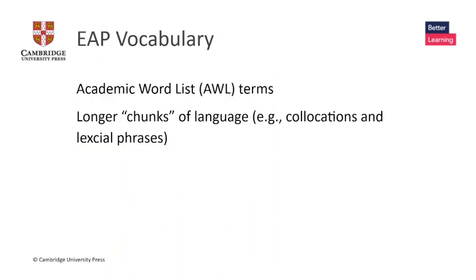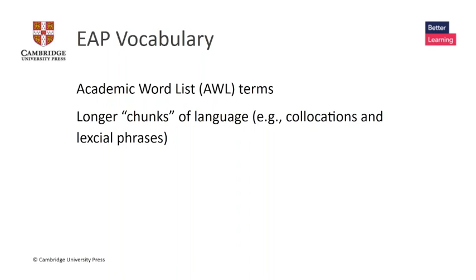In terms of EAP vocabulary, there's an emphasis in EAP on using the academic word list terms. So the academic word list is a list of words that show up with high frequency in academic texts, and you can find it easily online. Just Google the AWL.